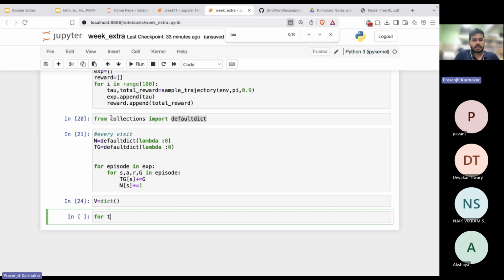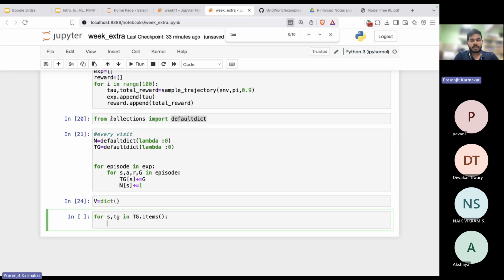For state, total return in TG dot items, you basically do this. V of state is equal to TG divided by NS. You got it? So basically you are doing a division for all the states.